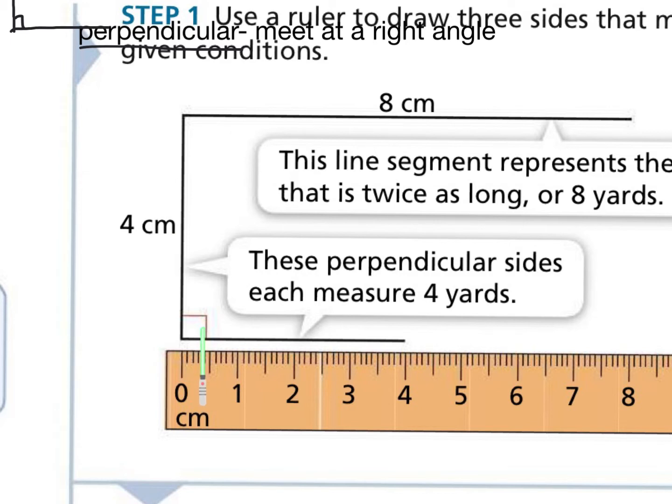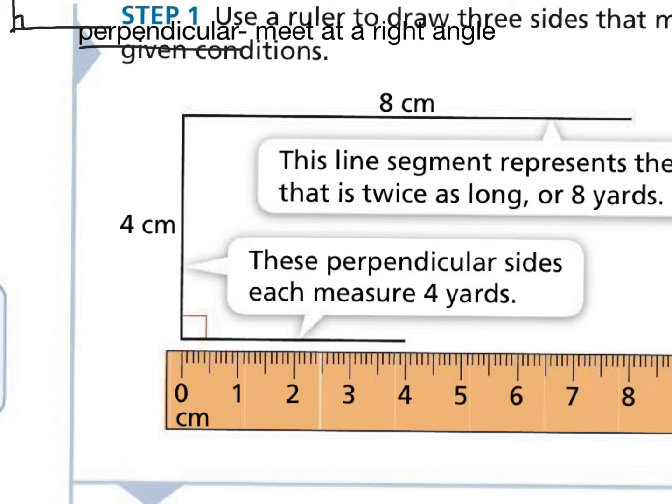So there's the 90-degree angle. And then it says another side meets one of those at a right angle, and it's twice as long. So that would be 8 centimeters on our drawing. Okay, and then at that point, that's the end of what the book's calling step 1.